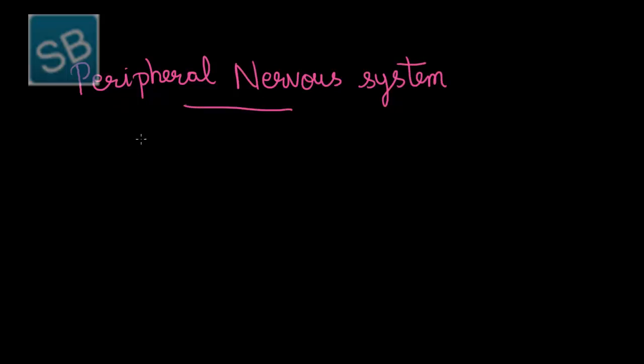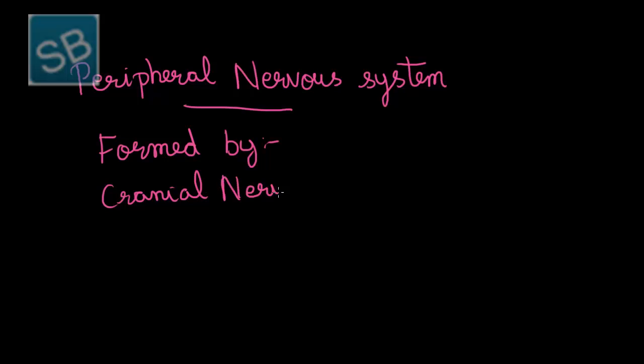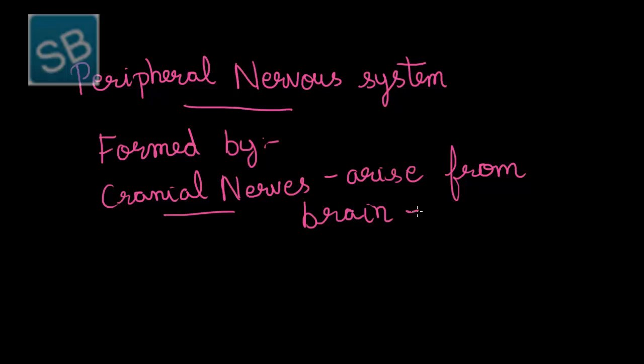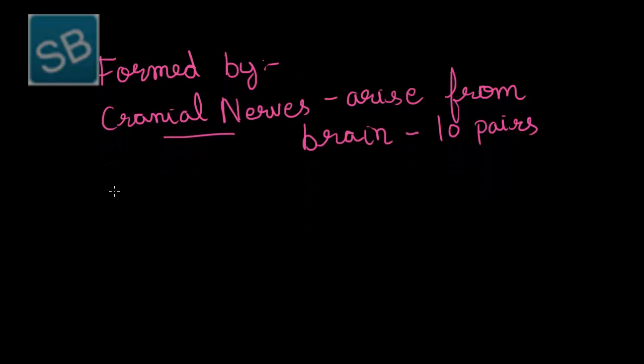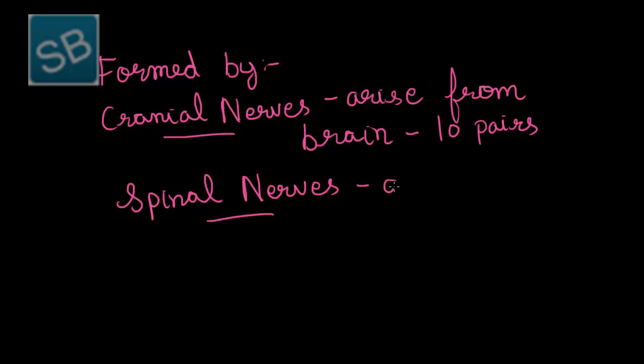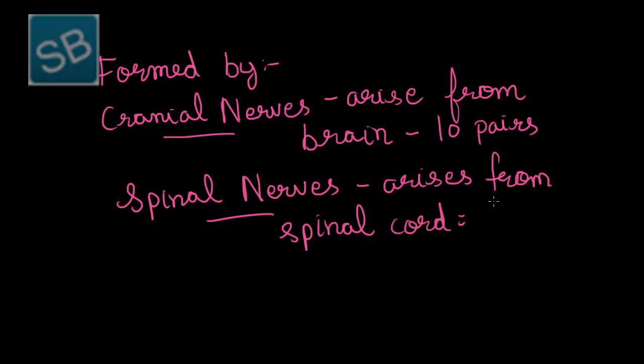So, it is formed by cranial nerves, that arise from brain, and occur in 10 pairs, and second, spinal nerves, which arise from the spinal cord and occur in 9 pairs. This was all about the voluntary nervous system.